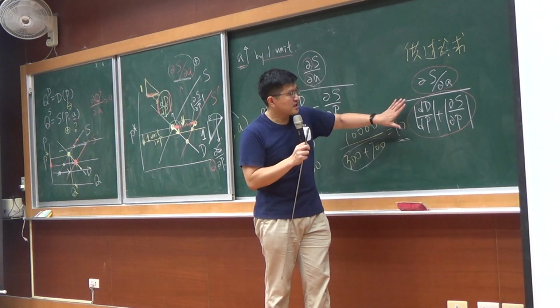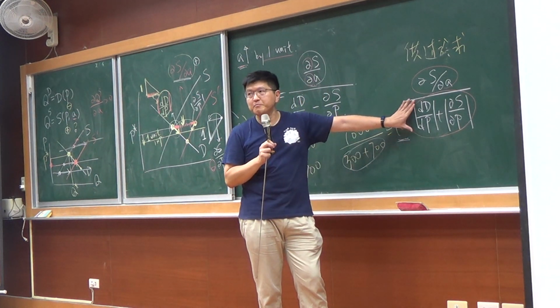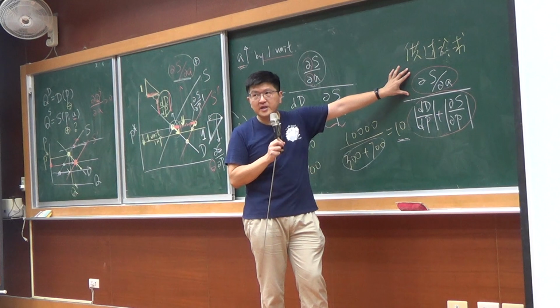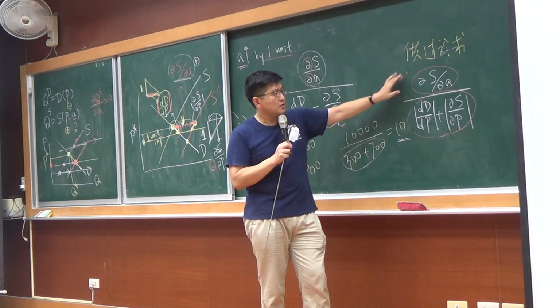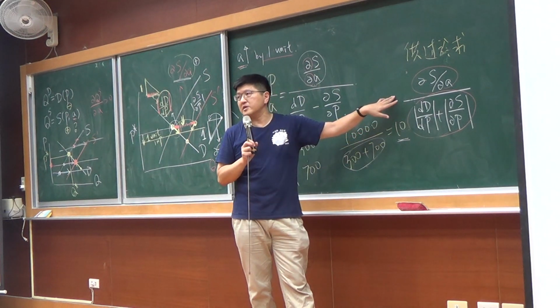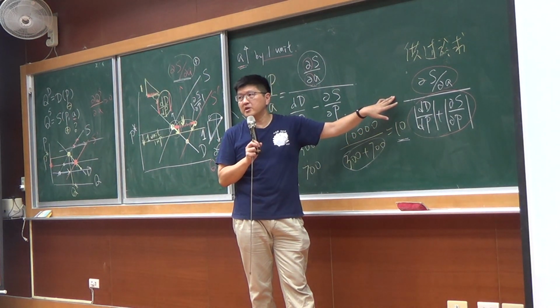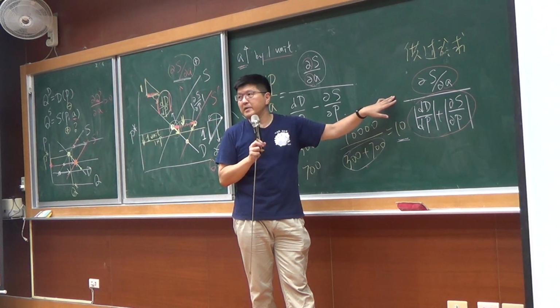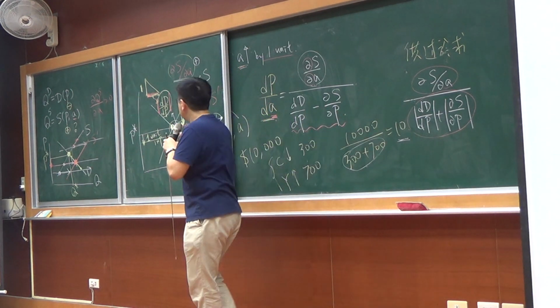So this is by 1 unit change in P. This is the total gap. So the ratio is how many units of change in P you need to erase the gap perfectly.